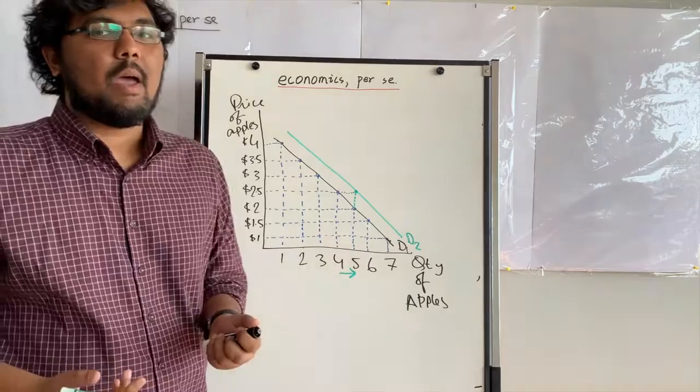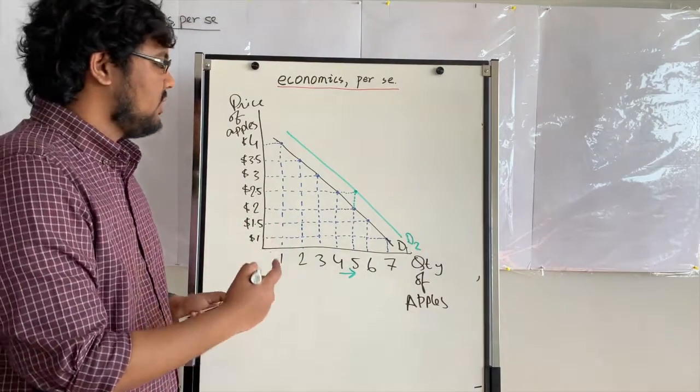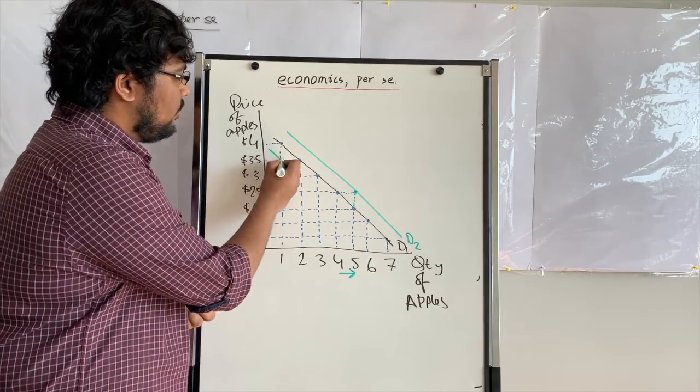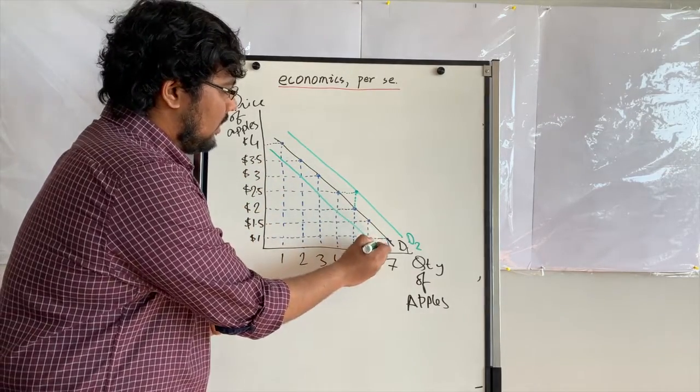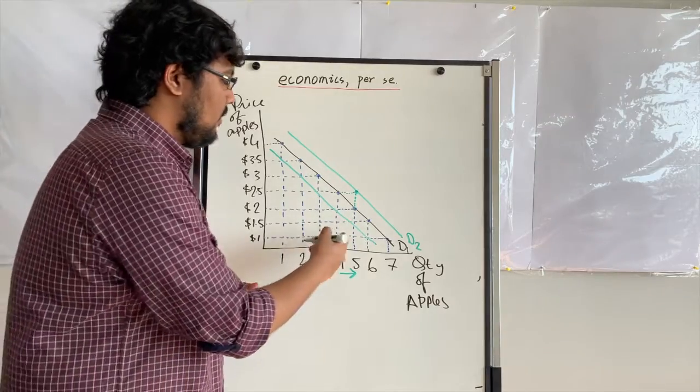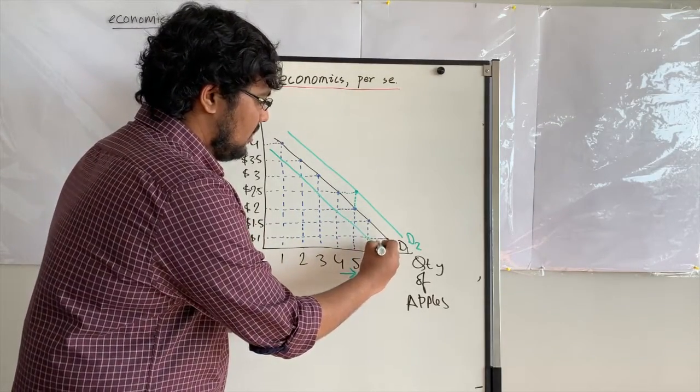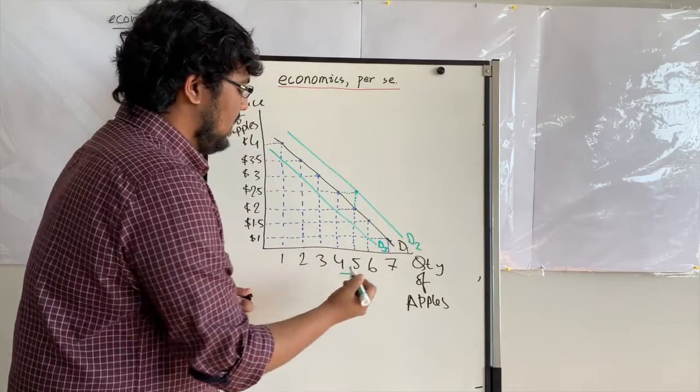The same thing can happen in the opposite direction as well. The demand curve can move to the left, or it can be said that the demand curve shifted leftward. Let's call this new demand curve D3.